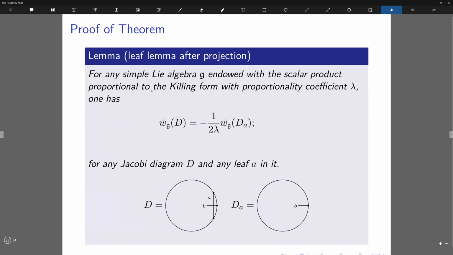So I needed the leaf lemma of the projection; the leaf lemma has a little bit different version. The proof of this lemma is that you need to check the formula for the projection, and you just split all the terms that you minus and plus into several parts, and you can get this lemma.